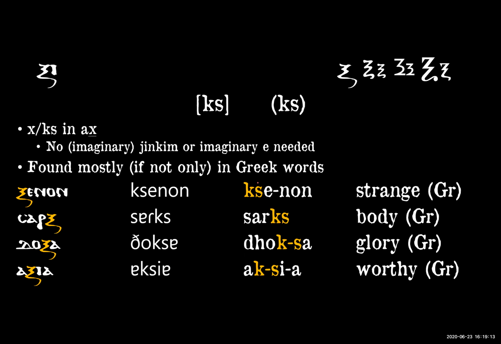I have here in this bullet point that no imaginary jinkim is needed. What I mean is a lot of people, when they see this letter next to a consonant, they would do whatever the consonant is. So let's make this consonant an R. Most people, when they see it, they would say Rex, even though there's no jinkim there.